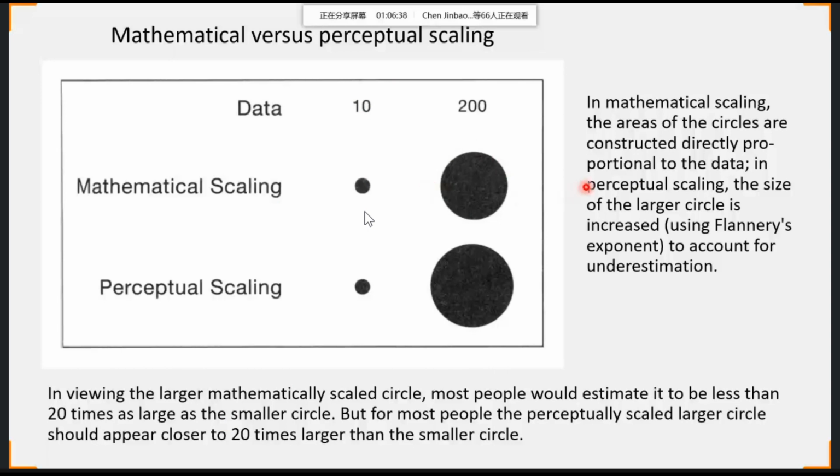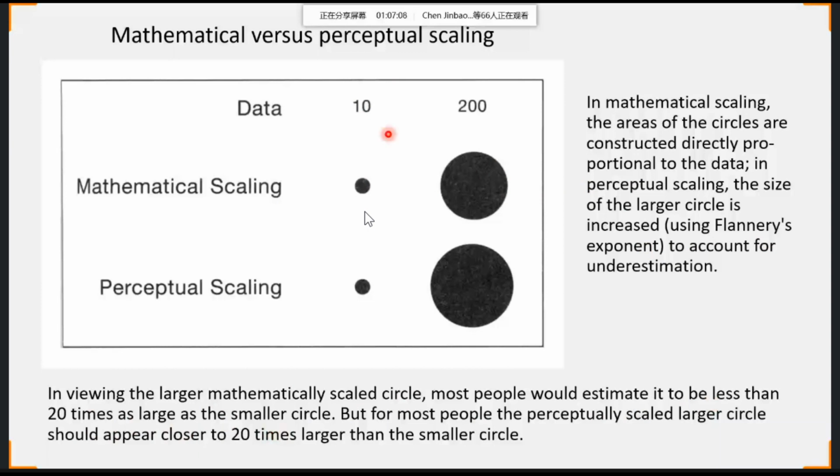In perceptual scaling, the size of the largest circle is increased, here using Flannery's exponent, which is one method to account for underestimation. So in viewing the larger mathematical scale circle, most people would estimate it to be less than 20 times as large as the smaller circle.